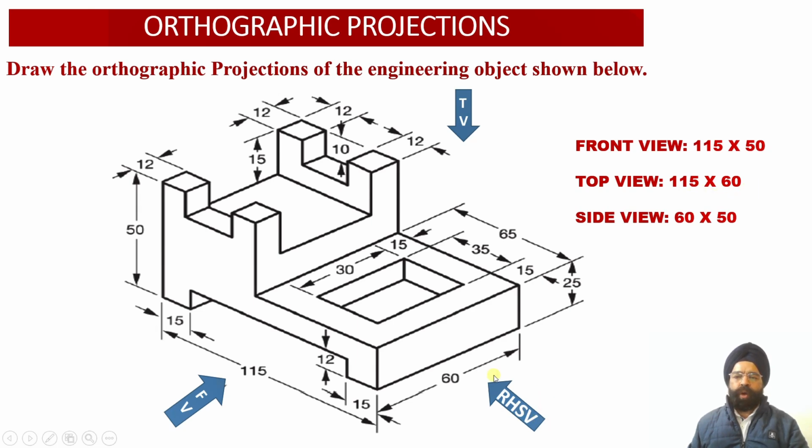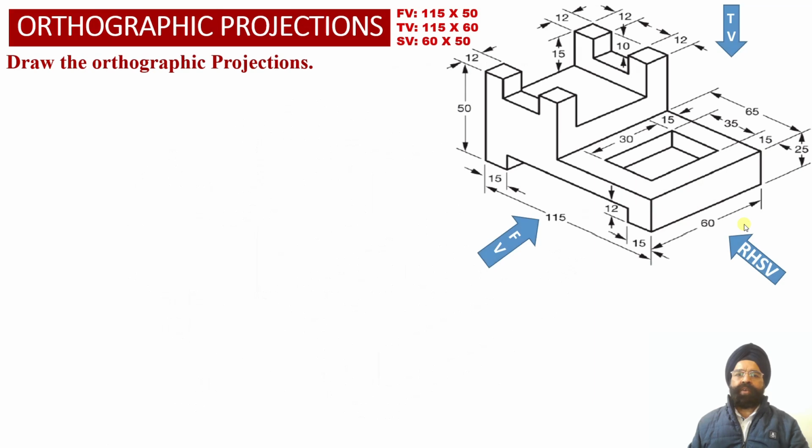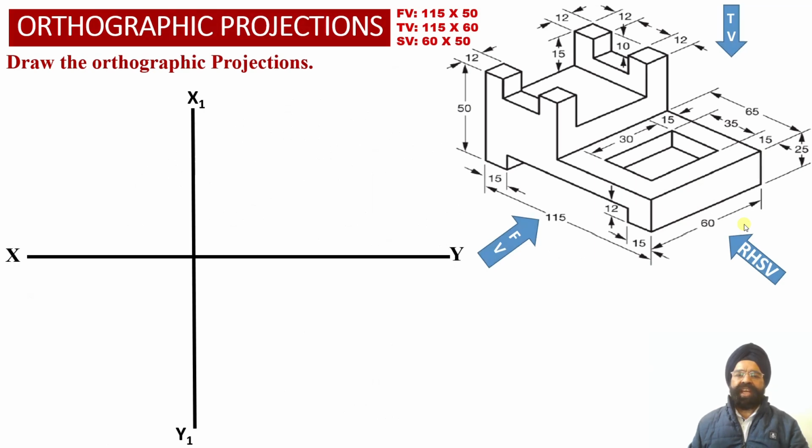And when we observe the solid from the right hand side view orientation, we find that the depth of the solid is equal to 60 millimeter while the height of the solid is equal to 50 millimeter. So the side view face of the solid will have the dimensions 60 millimeter by 50 millimeter. With this information, we are required to obtain the orthographic projections of this engineering object.